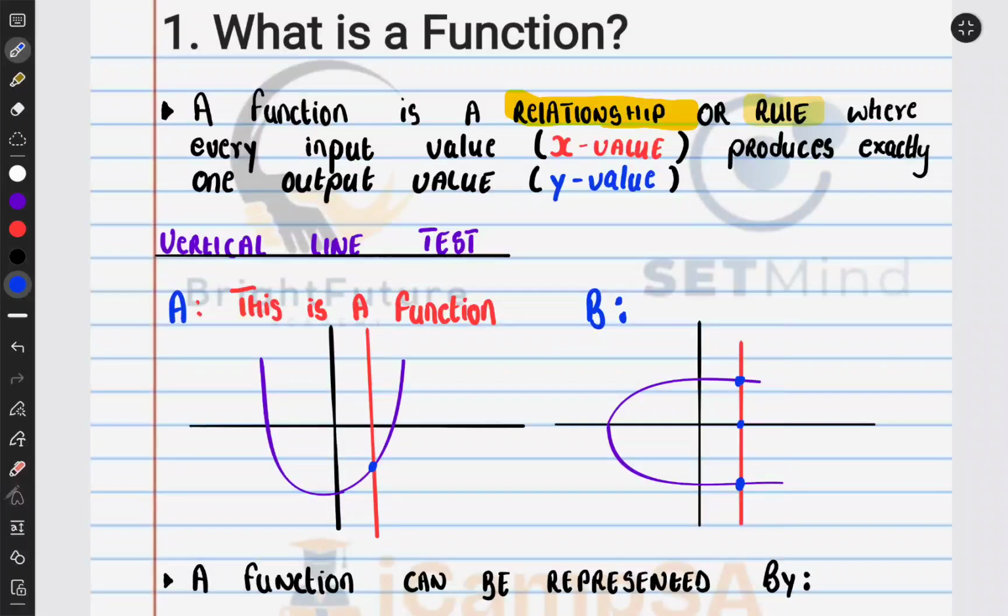So that tells us that the second sketch is not a function.